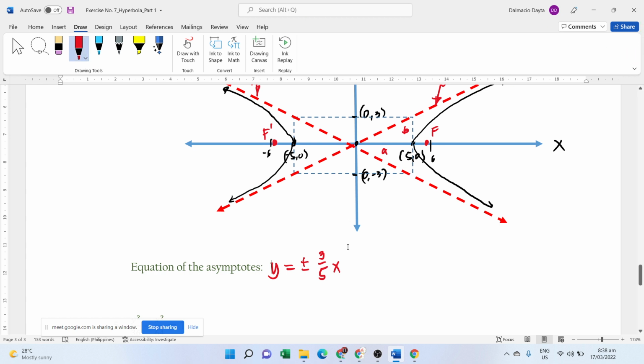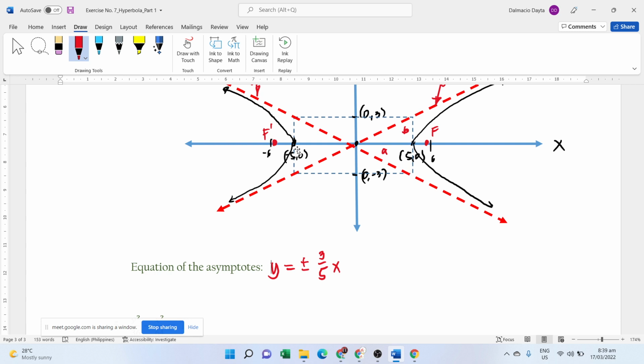Okay? So nakita na natin yung pattern kanina. If the transverse axis is along the x-axis, then the equation of the asymptotes will be positive negative b over a x. If the transverse axis is along the y-axis, then the equation would be y is equal to positive negative a over b x.